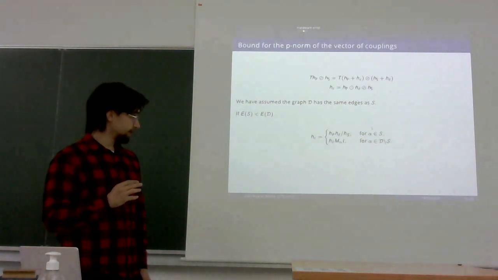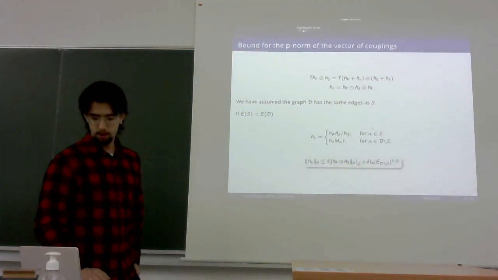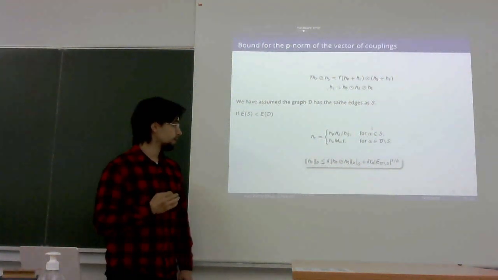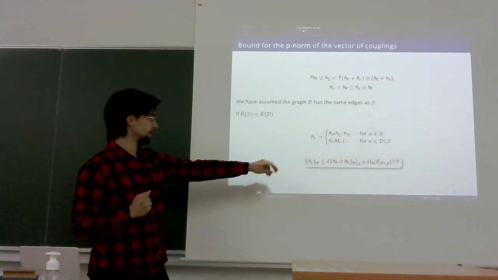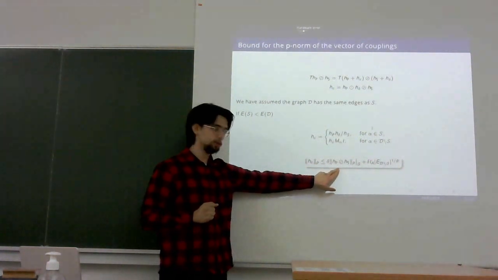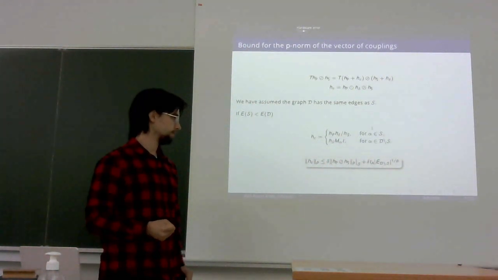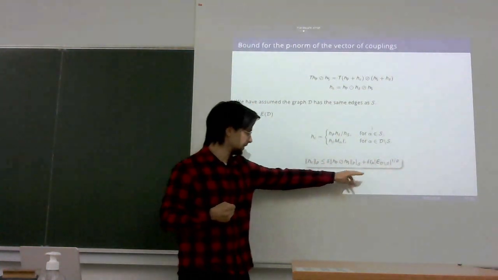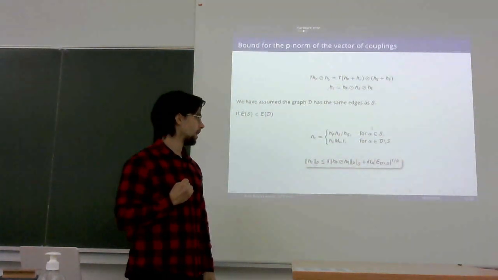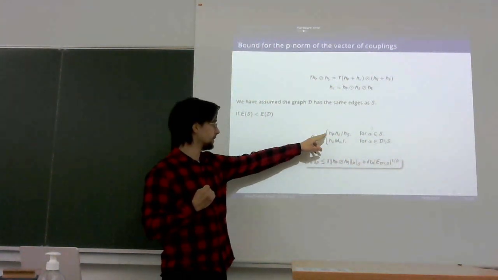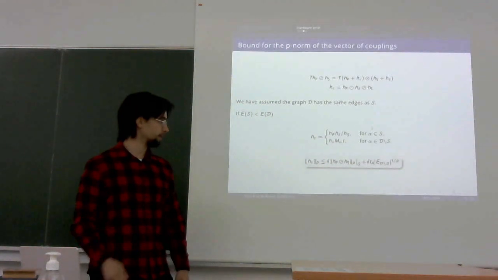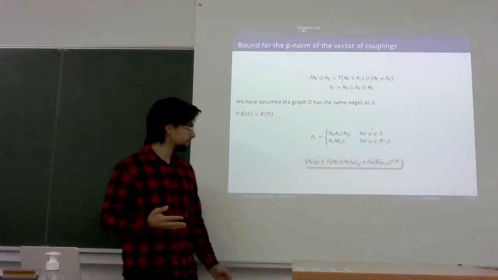To bound this expression by the p-norm, we're going to take first the errors on the couplings that we were expecting, and then the ones that we weren't. Now, this is really direct bounding.